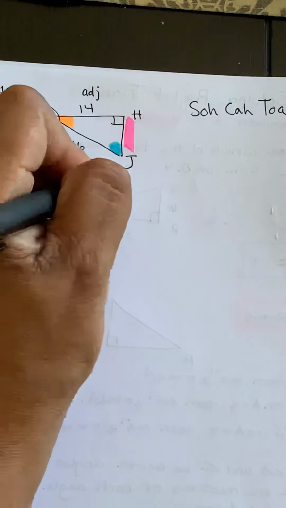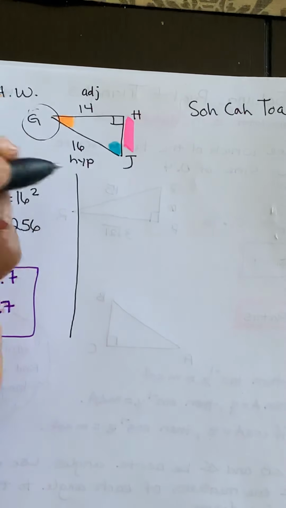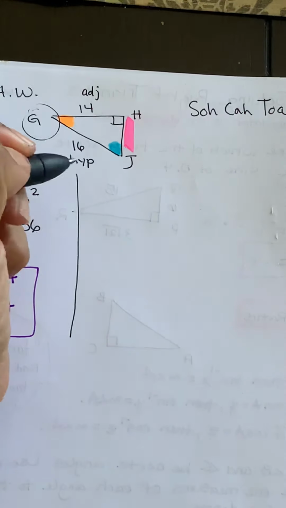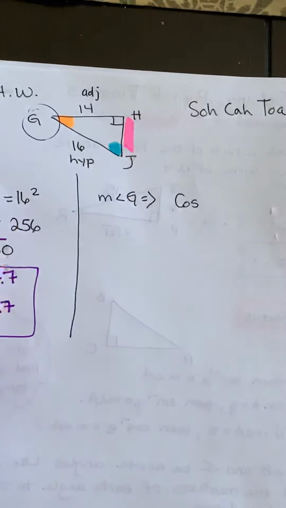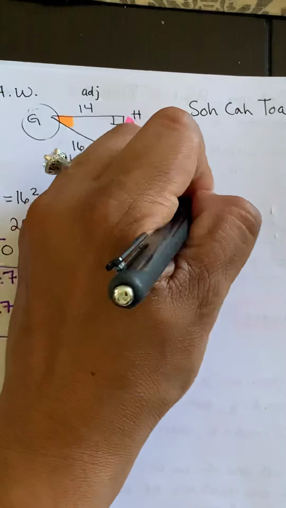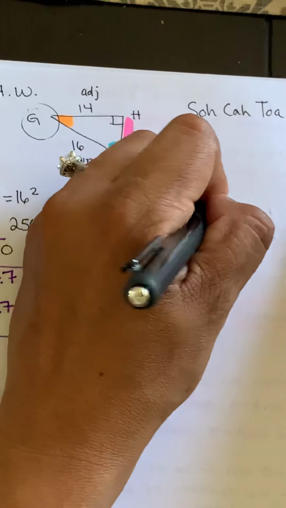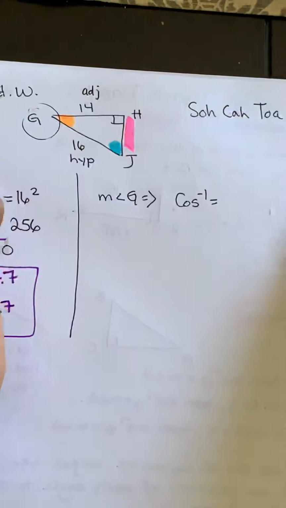So it would look like this. The measure of angle G is equal to, and we said cosine, the inverse of cosine 14 over 16. Remember, that is a number.